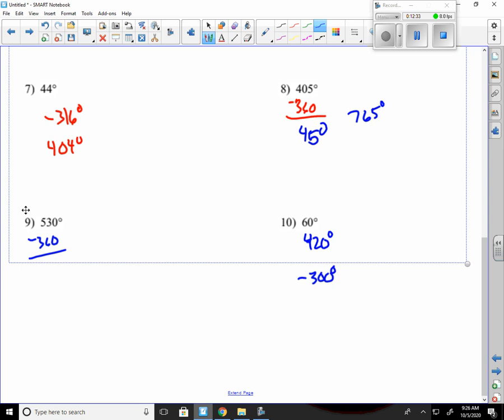Check my mental math here. Genius. What a genius. 170. I could add 360 to 530 and get 890 as well. I could also subtract another 360 from 170. That would give me negative 190.